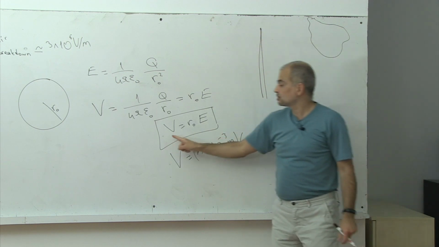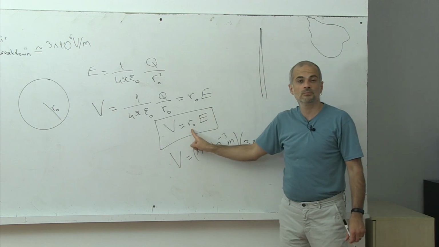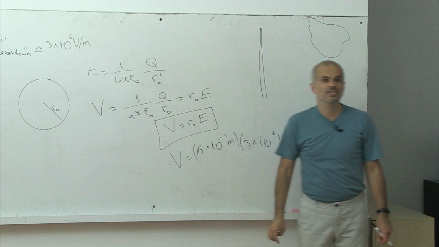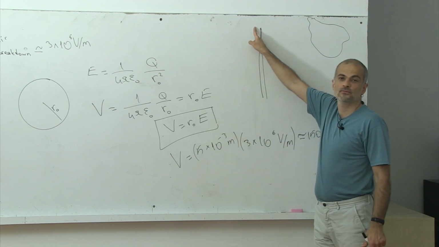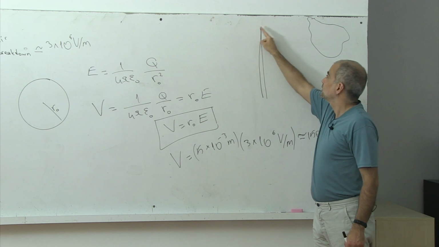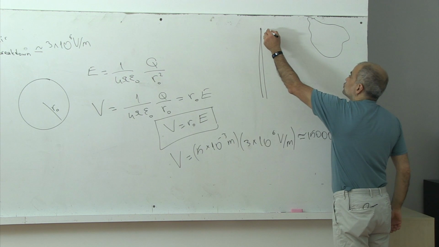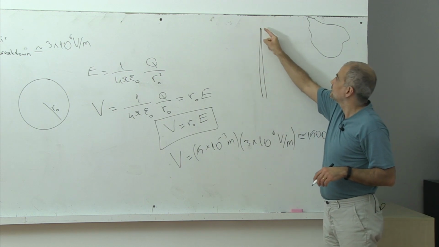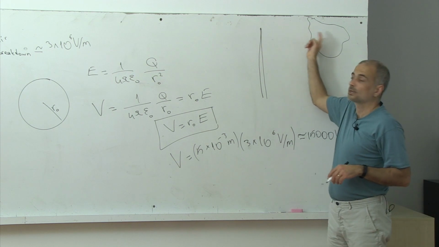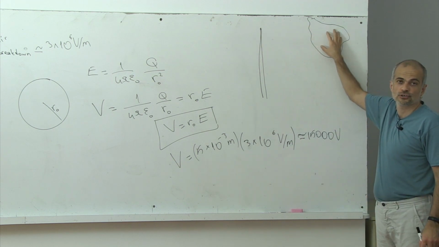And the potential will be large, but if it's a sharp tip, r0 will be small, so you create a large electric field on the tip. And since there is a large electric field on the tip, the charges will leak away, so there will be a flow of charges. And if this flow is slow enough, then the charges will move to the cloud and they will neutralize the charges on the cloud.